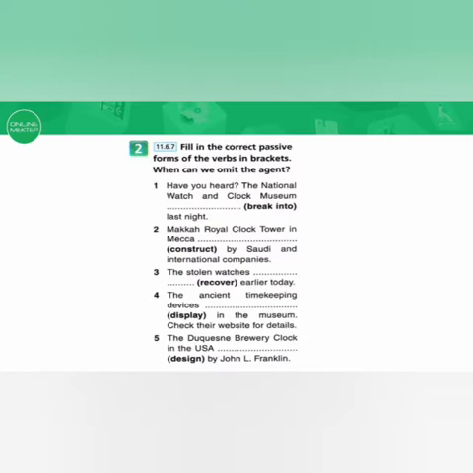The ancient timekeeping devices, the verb display, in the museum. Check their website for details. The fifth, the Duquesne Brewery clock in the USA, in brackets the verb design, by John L. Franklin.